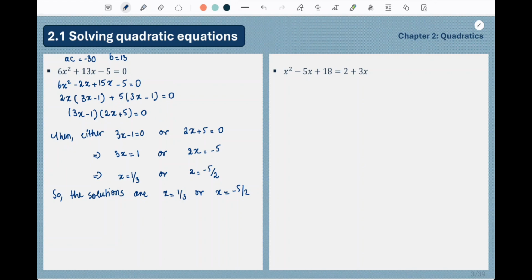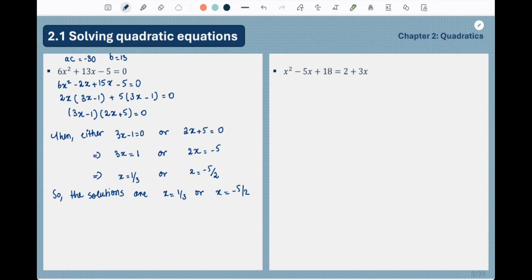So use them carefully. So the next one, x squared minus 5x plus 18 equals 2 plus 3x. So for this one, again, we have to get it to look like something like this. It should be equal to 0. On the left-hand side, a 0 should appear, and then we have to simplify it.